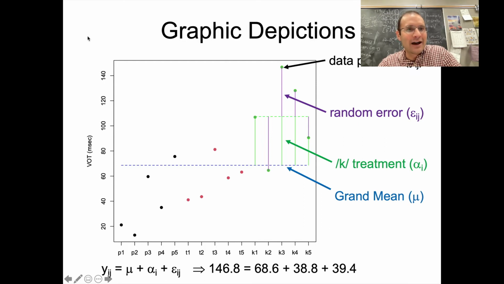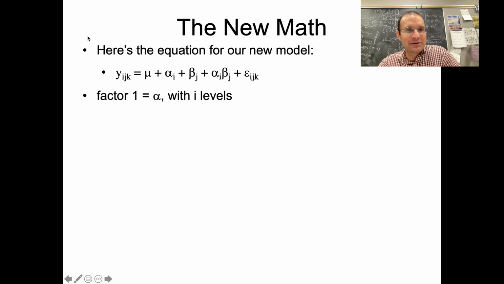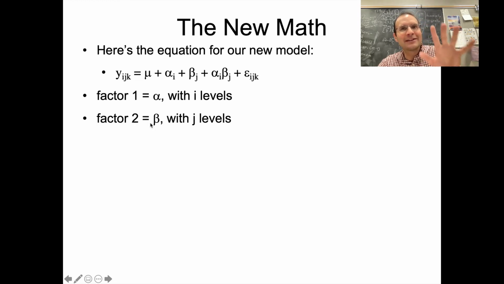One of the reasons why, I'll make this explicit later, is that you will be able to account for all the variance with just everything leading up to the error term.